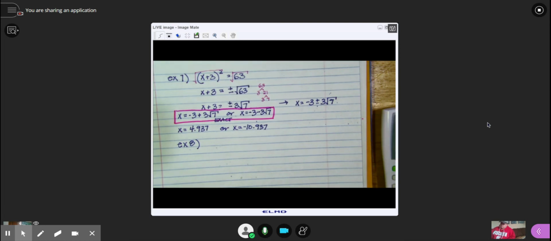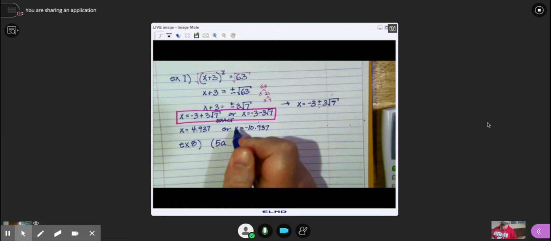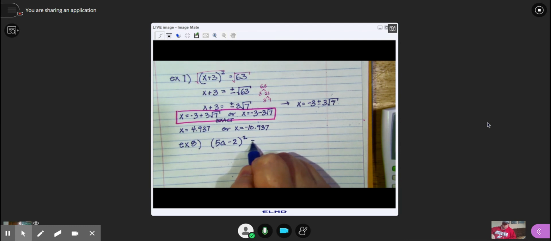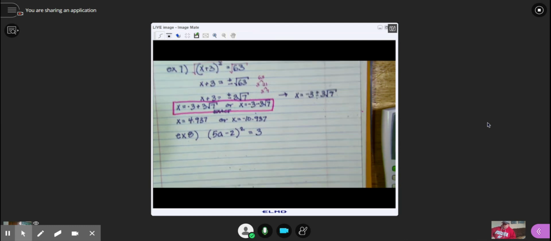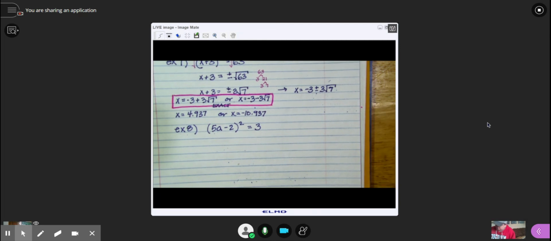All right, let's try another one that's similar to it. All right, so if we try 5a minus 2, that quantity squared is equal to 3.